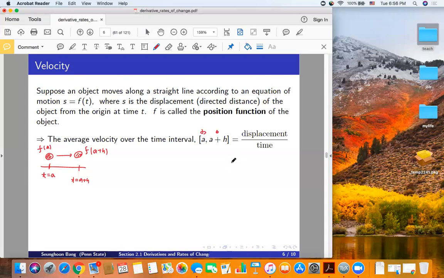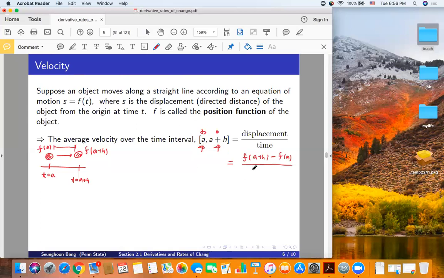So displacement over time. Displacement is the distance between the two positions, exactly f of a plus h minus f of a. This is the distance over time. The later time is a plus h, the previous one is a.